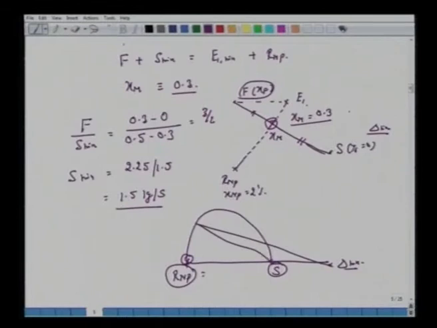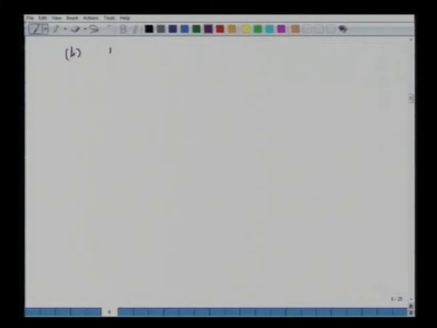Okay. Now the second part of the question is, actual S is given to us as 2.3 kg per second. So the S min we calculated is 1.5 kg per second, and now we have S as 2.3 kg per second. So now let us see where the location of this del operating is. So go back to the same equilibrium phase diagram.